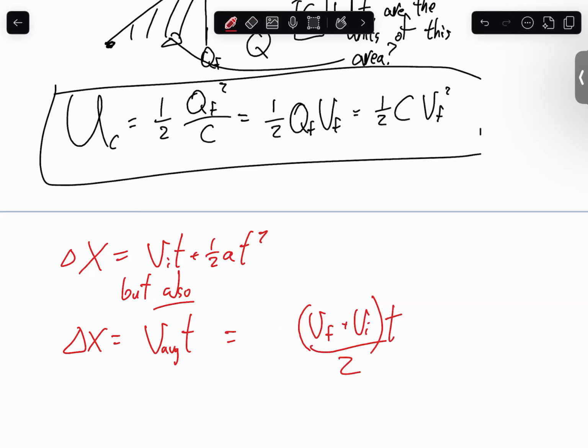So this is the average, and this is T. What happens if I start from 0? It's just half of your final velocity times time. That's where this comes from. The average voltage that the charge on the capacitor plates feels is half of the final, just like the average velocity is half of the final max velocity.